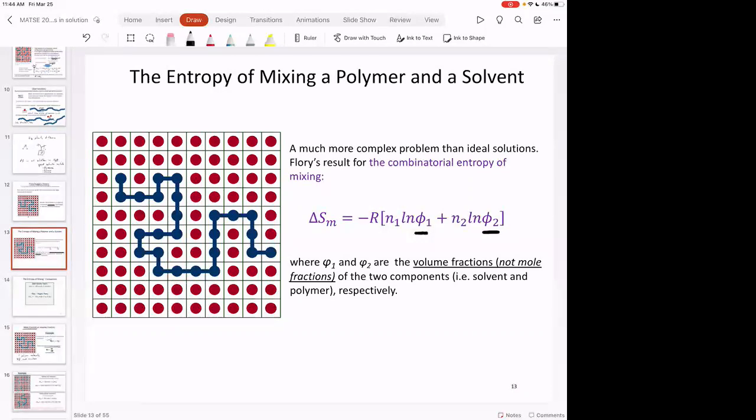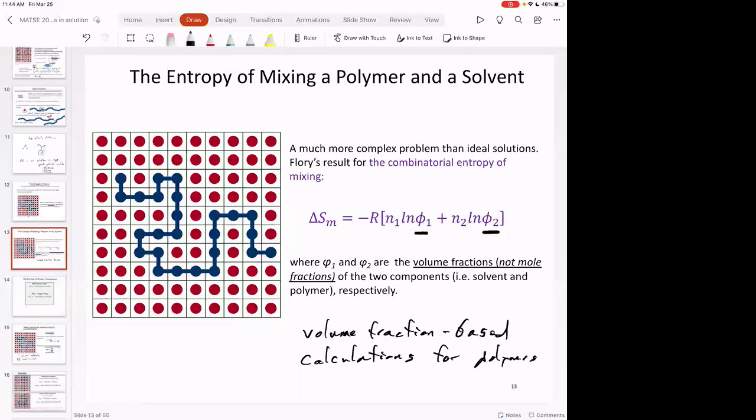The really important thing that you have to remember in this unit, when we start to mix polymers and describe polymeric systems, is we're going to have volume fraction based calculations for polymers.